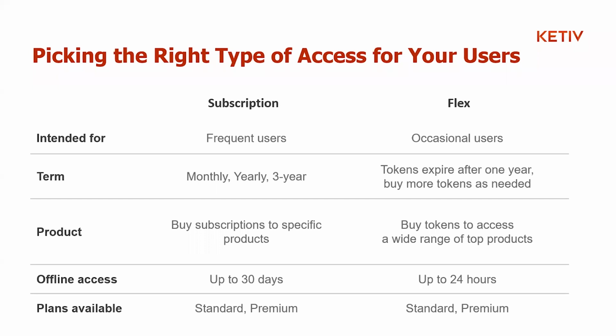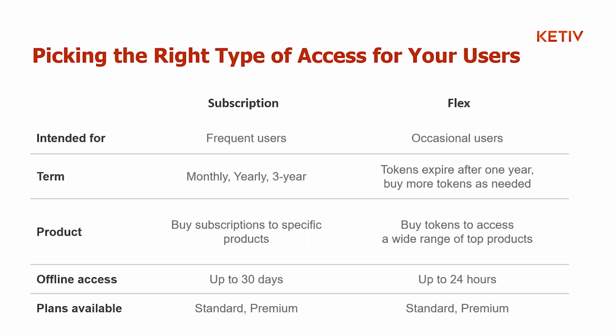The subscription terms are available annually or on 3-year, and for some products there is a monthly option online. With the products on subscription, you buy the subscription to the specific products, and that user would be assigned to that specific product and has access to only that product throughout the course of the subscription term.